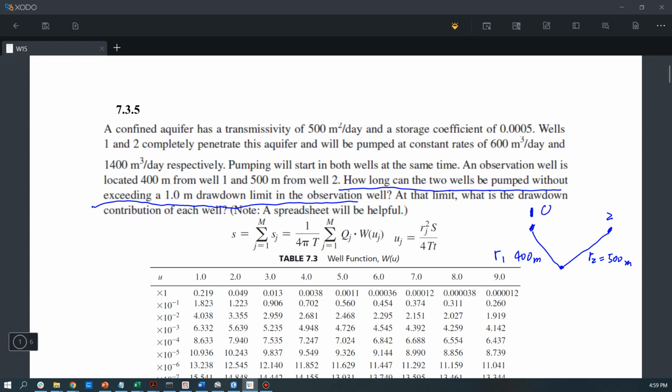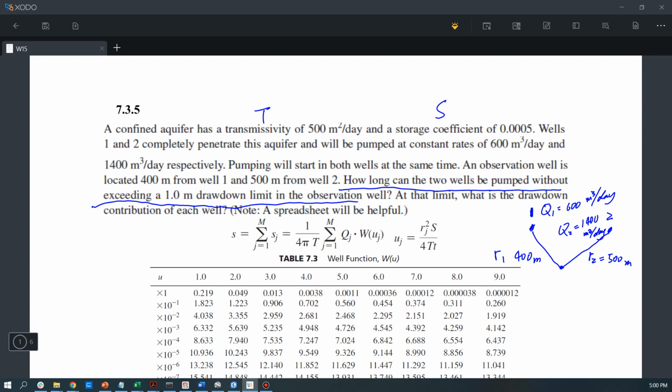Let's write the rest of the information down here. The flow rate for well 1 is 600 cubic meters per day, and the flow rate for well 2 is 1,400 cubic meters per day. We know that the transmissivity is 500 and the storage coefficient is 0.005.